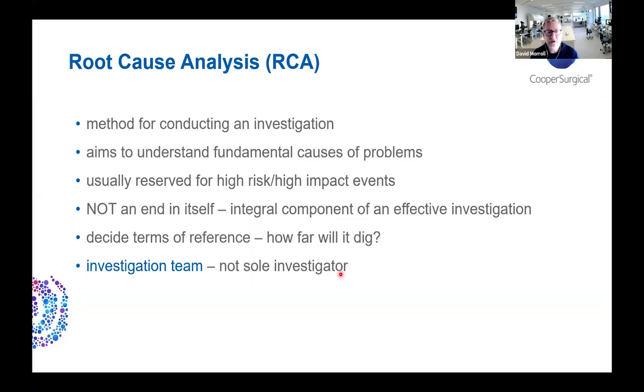What we can also do is look at where we're identifying poorer performance. And although root cause analysis is often reserved for high risk, high impact events, we can actually use it as a way of looking at possible causes of poorer performance, and then promoting changes that will drive improvement.